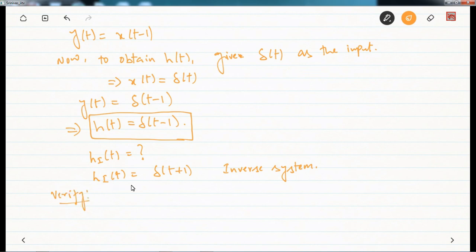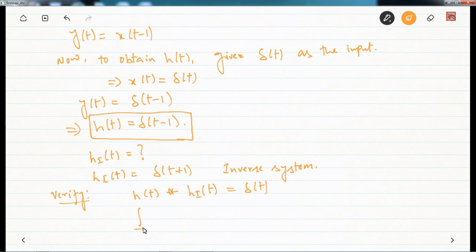How did I write hi of t as delta of t plus 1? Just from intuition: when a system is delaying the signal, its inverse system should advance the signal, right? So let's verify that h of t convolved with hi of t is delta of t.